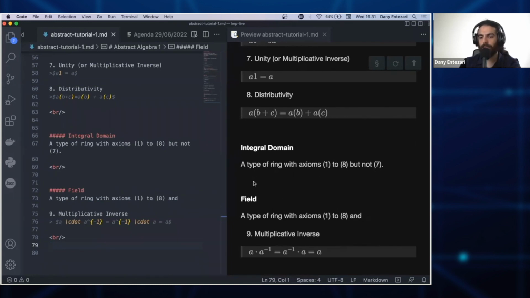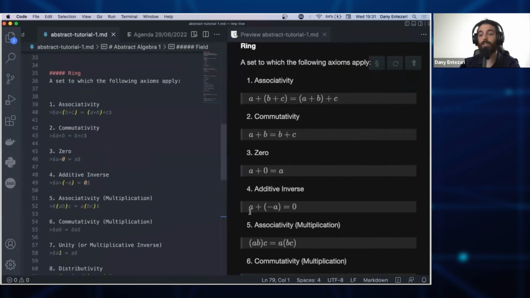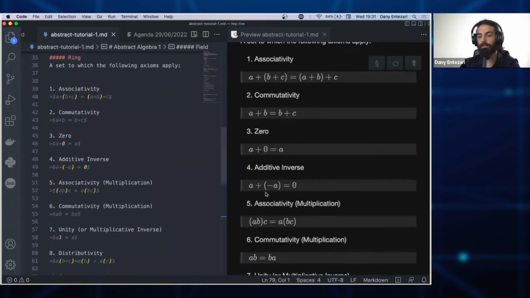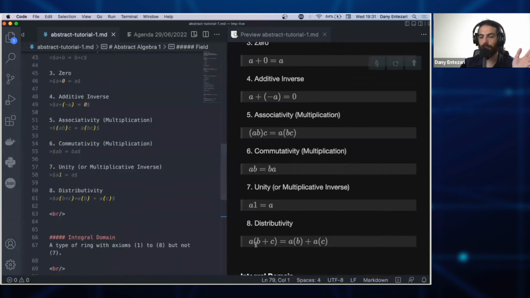So I hope it's clear what a field is. A field is a set to which these rules apply. Axioms are rules. An axiom means something that is true for all the elements of that set. So to all of the elements in a ring, you can apply these rules.